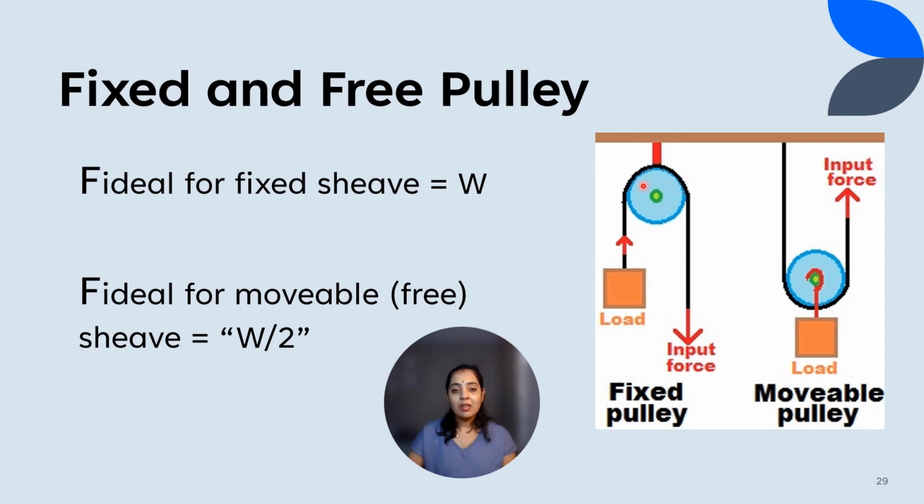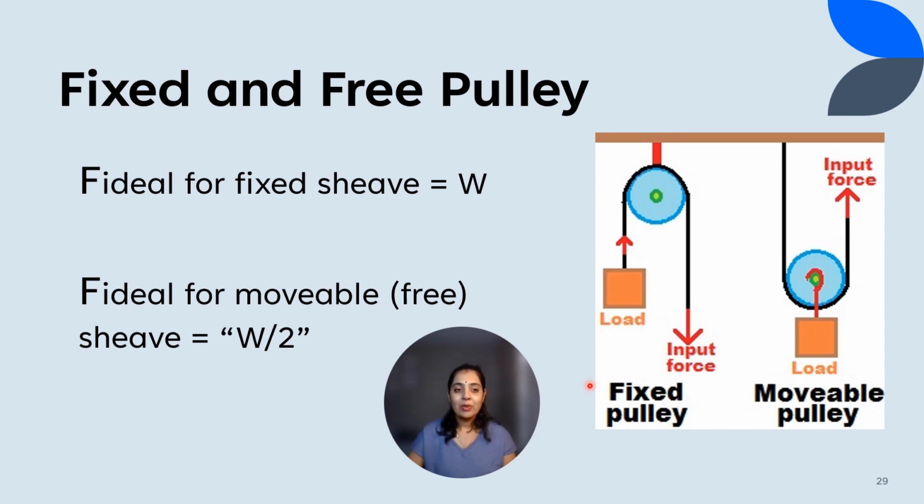The load is applied at one end of the rope and force is being applied to the other end of the rope. So here the force is equivalent to the load. So this is fixed pulley. And real life example of fixed pulley is raising flag on the flagpole.